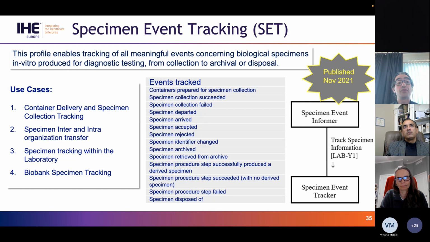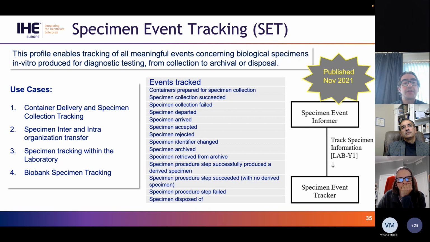Atomic operations are out of the scope of the profile itself. And then what we did is to define for each of these events a set of metadata that are important to be tracked for that event.